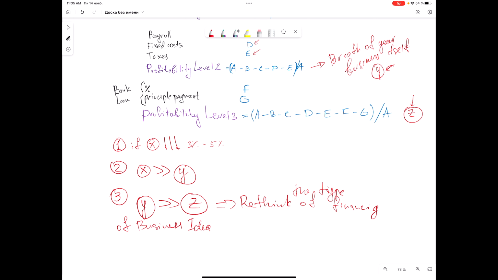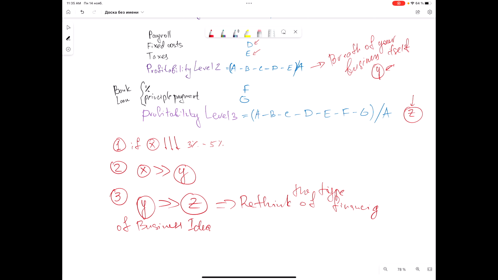And many people, when they have some business ideas, they start creating models, financial models. They start creating business plans, and at the end of the financial model, when they see the cash flow statement, they see the level of payments to the bank. They see the levels of profits before they pay to the bank.